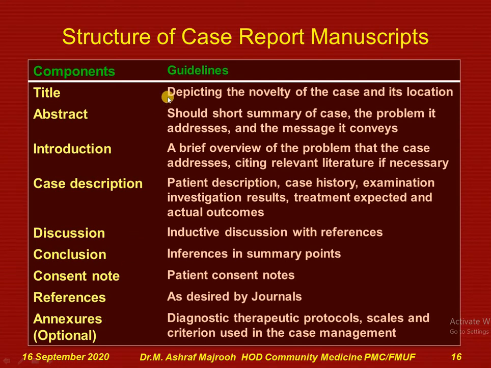Annexures are optional. The title depicts the novelty of the case and the location from where it is reported. The abstract should be a short summary of the case, the problem it addresses and the message it conveys.